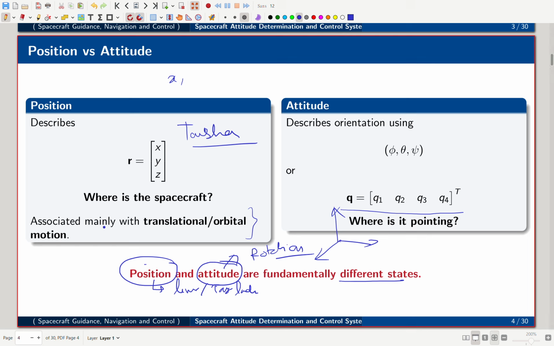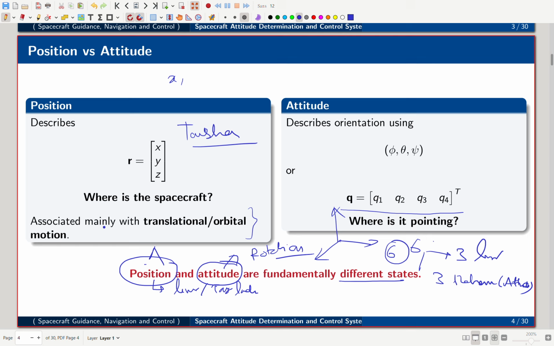So 3 parameters are position, 3 parameters are attitude, so this is 6 parameters. 3 are linear, 3 are rotational, associated with the attitude. So for understanding a rigid body in 3D, we require at least 6.